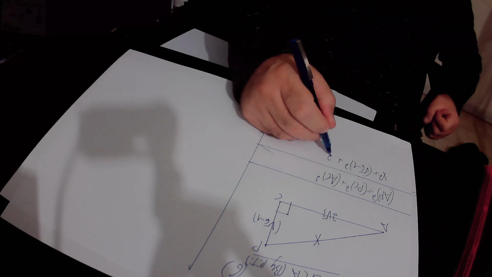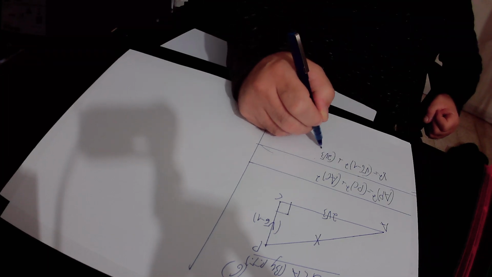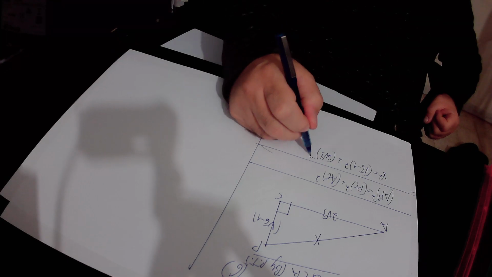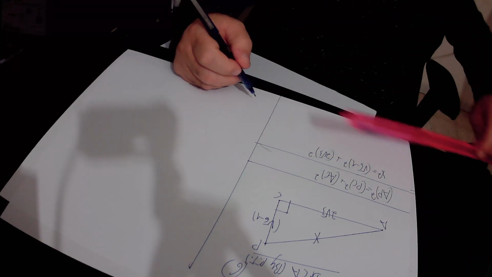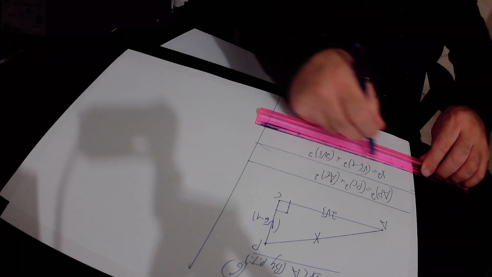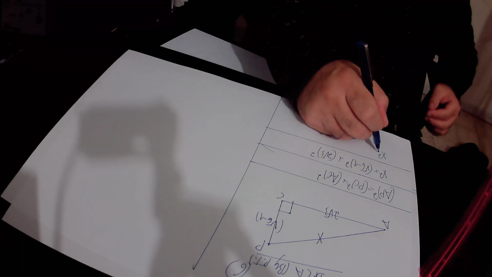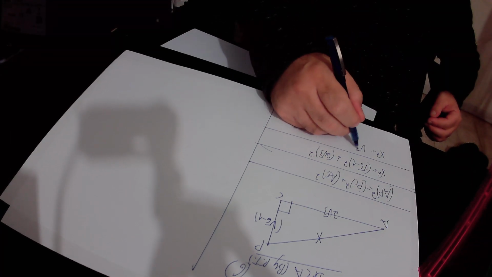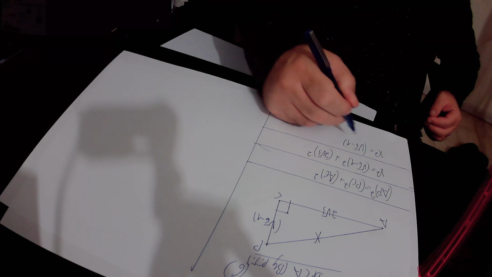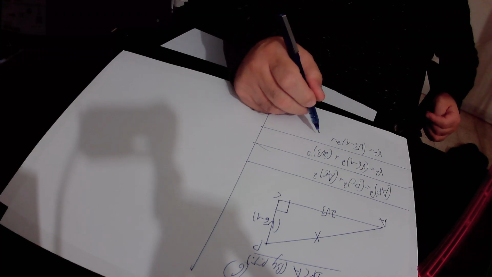AC equals 2 times the square root of 3, therefore AC square equals 2 times the square root of 3 square. Okay, so x square equals the square root of 6 minus 1 square plus 2 times the square root of 3 square.